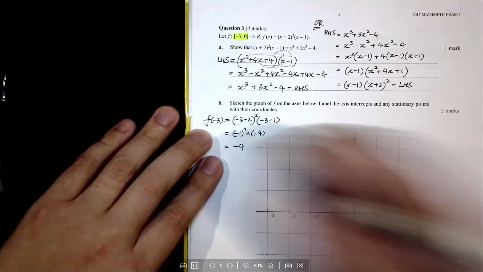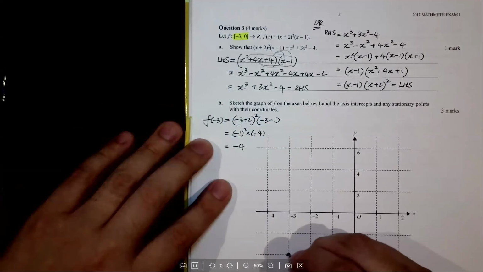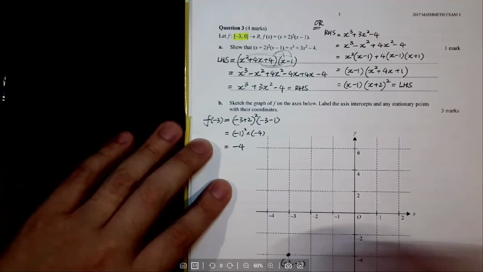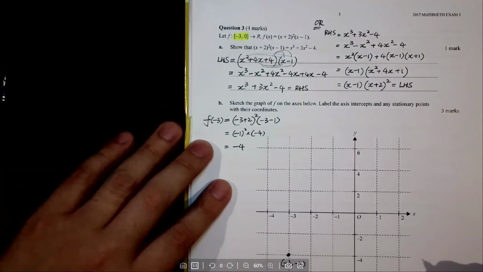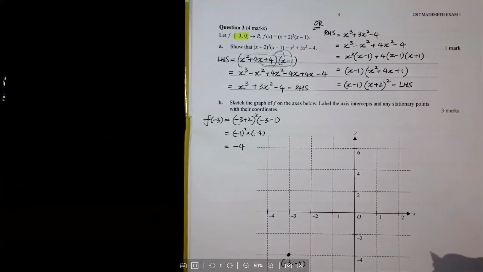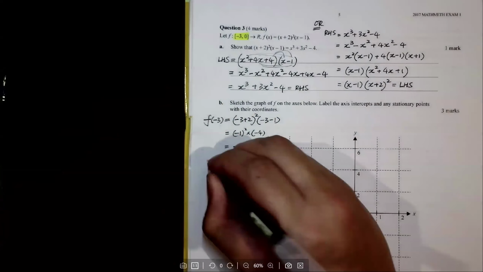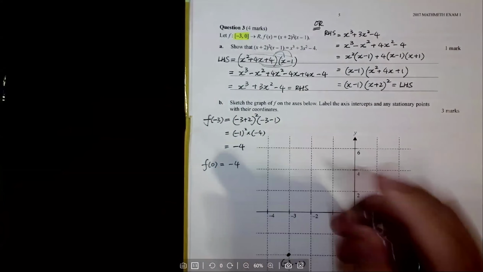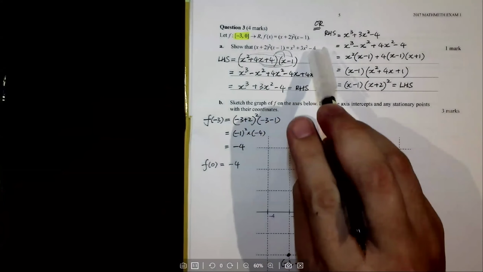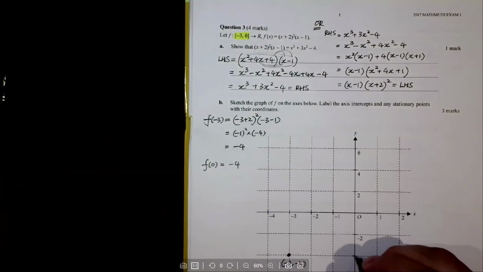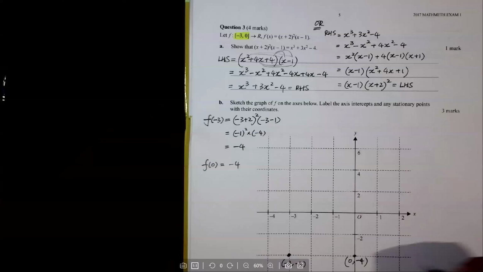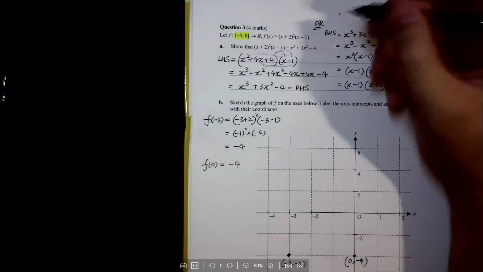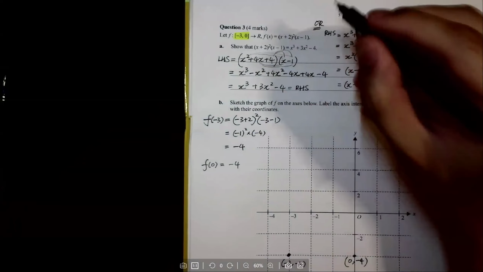And that is -4. So the first thing I'm going to mark here is like -3, -4. Okay. And another thing I want to notice is the right endpoint. That is -4. If you recognize this is the y value, 0, minus 4. Okay? And also this is a turning point.